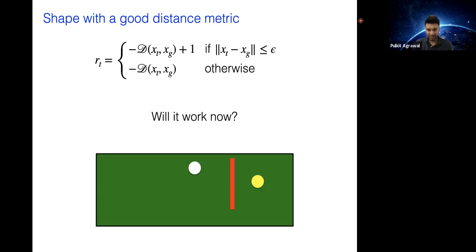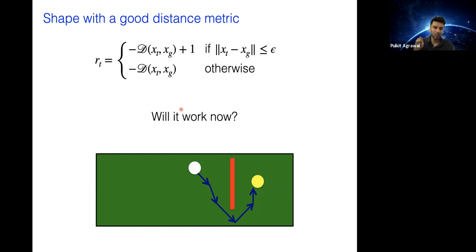And the question still remains, will this work? I think if my distance accounts for the wall, then surely I will be able to go from my starting state to my goal state.